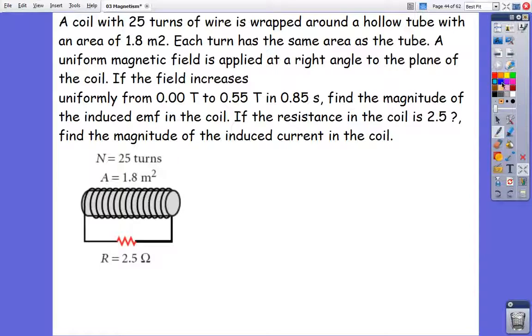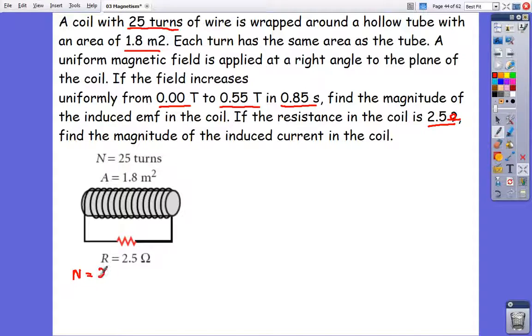So we have the number of turns and we have the area of the hollow tube, and then we have the initial magnetic field and the second condition of magnetic field over time. And then we also have a resistor here, 2.5 ohm. Yeah. How do we find EMF? It's easy, right? So I'm going to write down all the given variables.